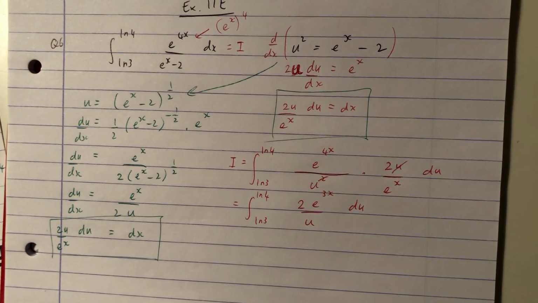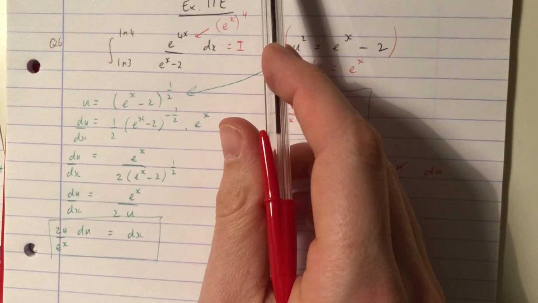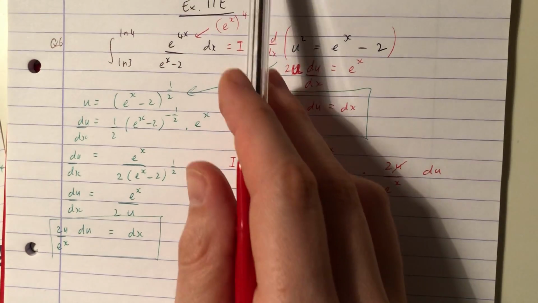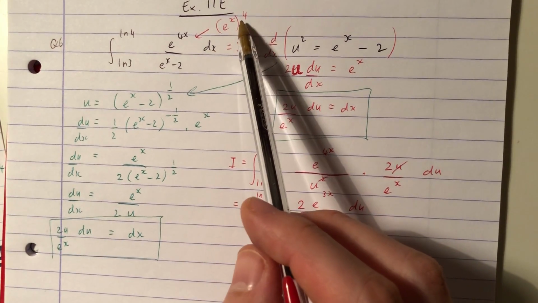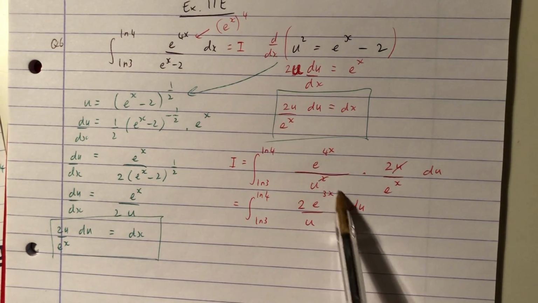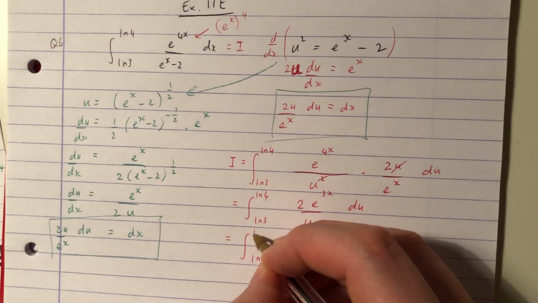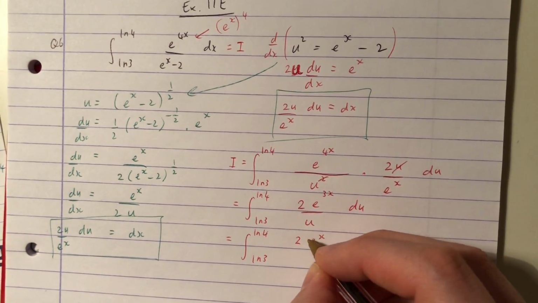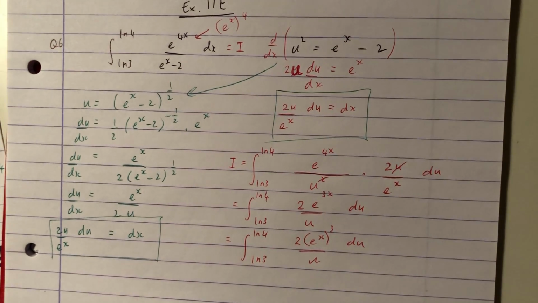Right, and now this is where I might have to use that trick from the start, writing e to the 4x as e to the x to the power of 4. So e to the 3x is e to the x cubed, and that'd be between ln 3 and ln 4, 2 e to the x cubed over u du.